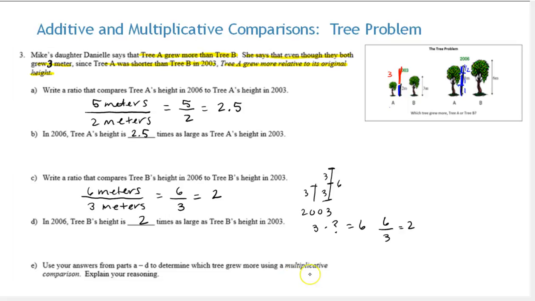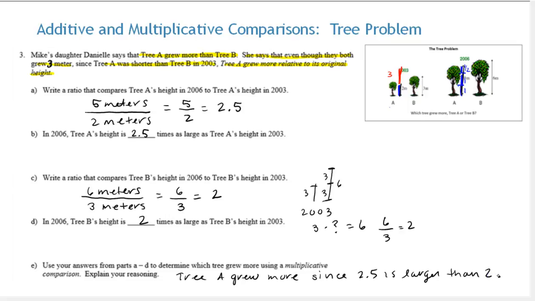So using a multiplicative comparison, tree A grew more, since 2.5 is larger than 2.